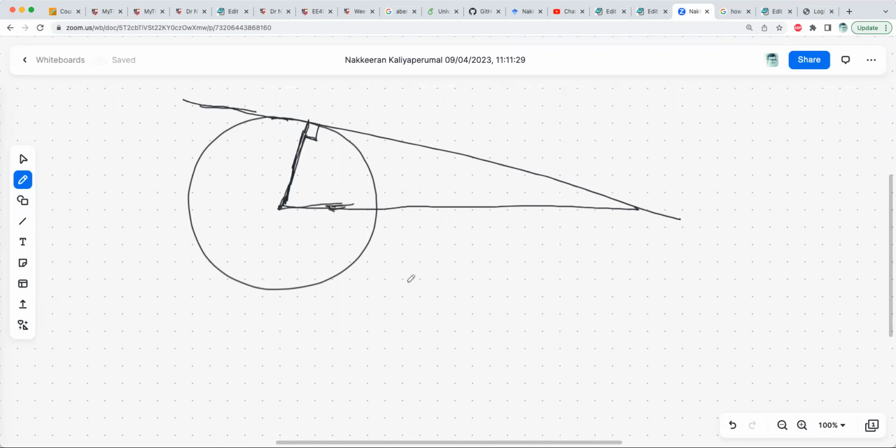I thought we could draw a diameter which is parallel to the tangent. Parallel to the tangent itself.